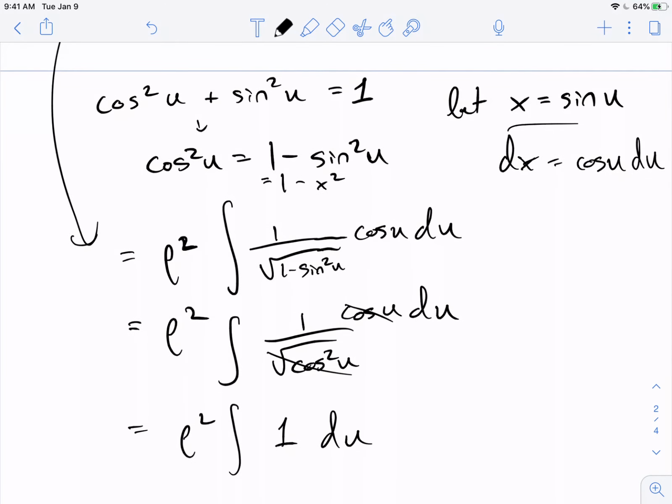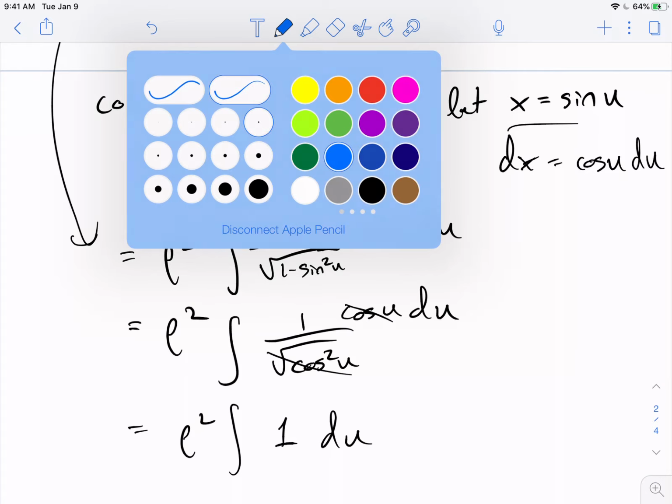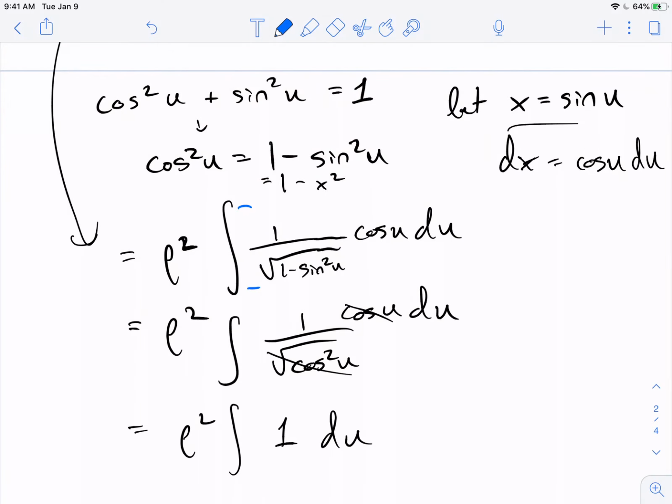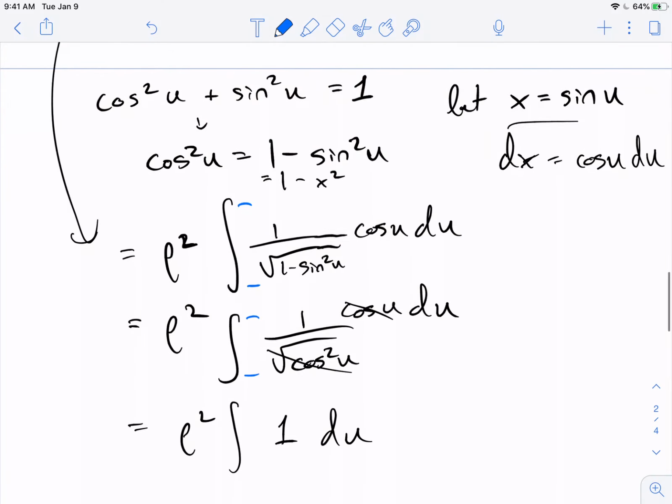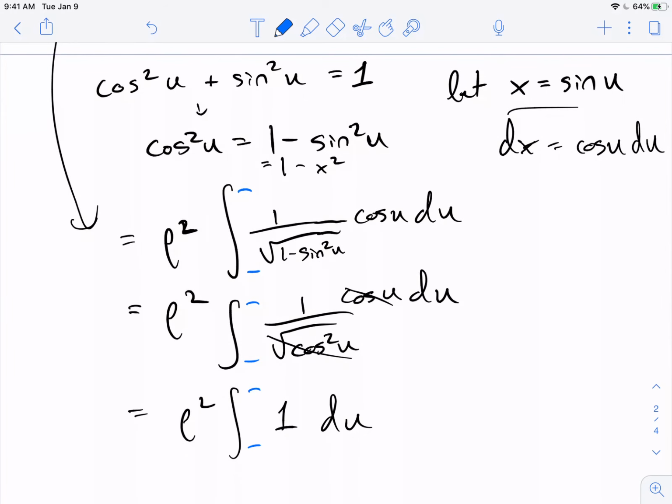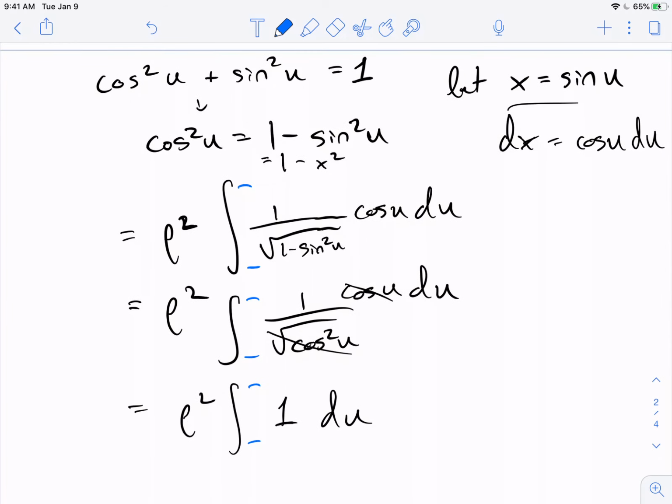Now, the one thing I've neglected, as I'm sure some of you have noticed, is I haven't written out what these bounds are in terms of u. Right, so we need to figure that out. So to figure out the bounds, we remember what our x bounds were. X went from -1 to +1. And so if x is -1, what is u? Well, the sine function looks like this.